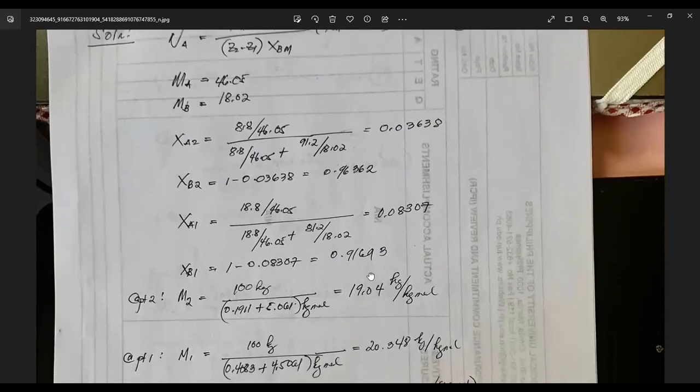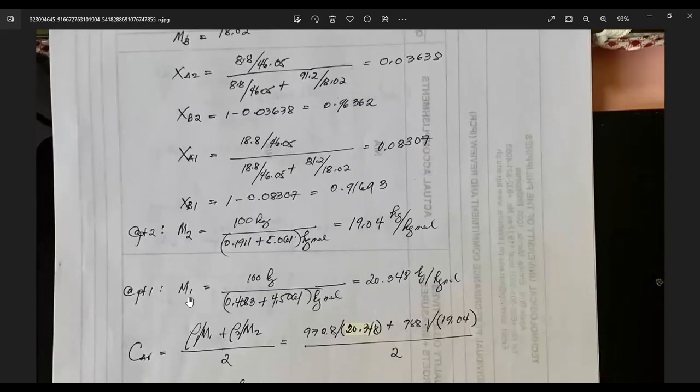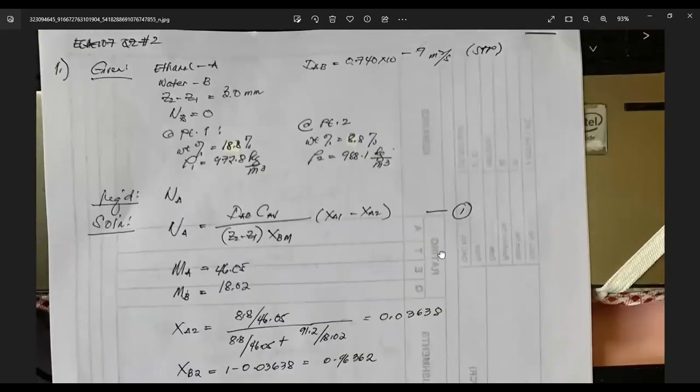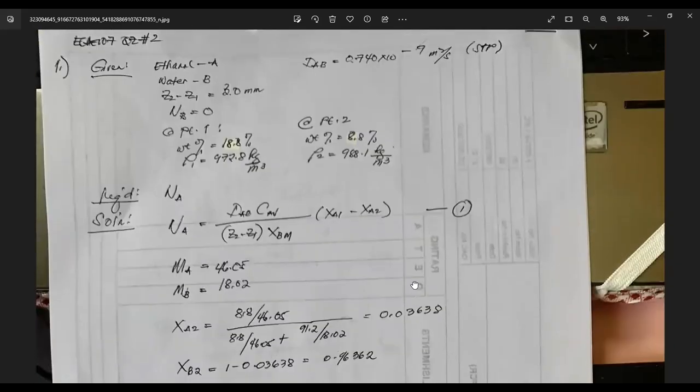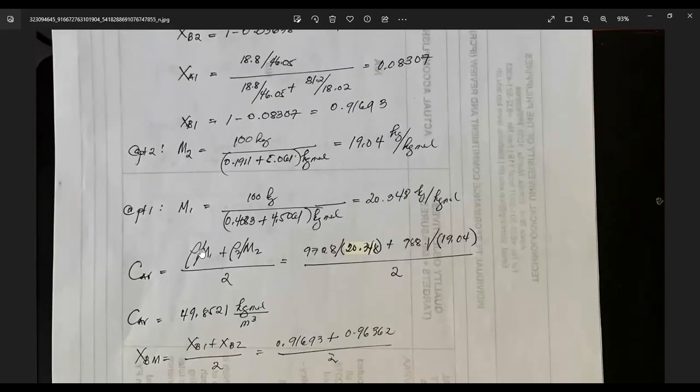So you'll now have the M1 and the M2 that you'll be needing in this formula for the average concentration, C subscript AB. So you have the densities that you have here in points 1 and 2 divided by M1 and M2. So how do you get M1 and M2?